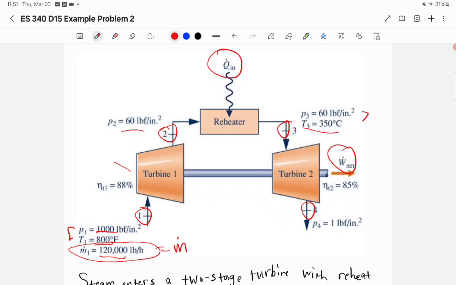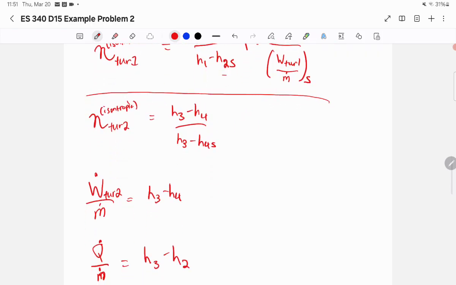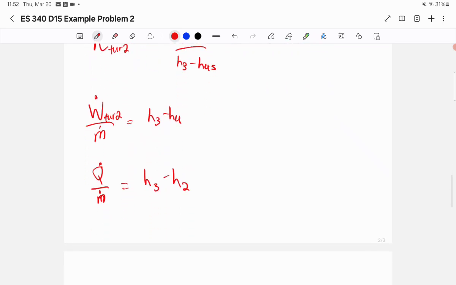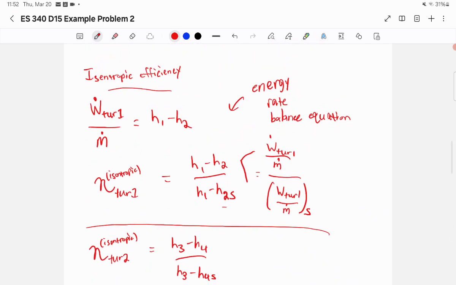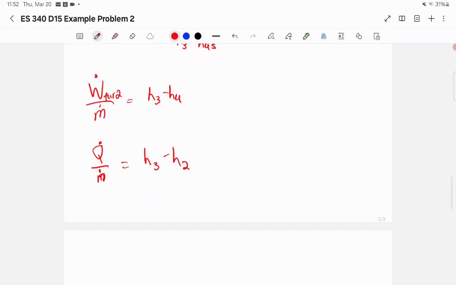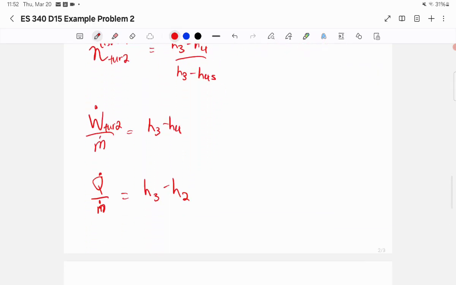That means we have enough to find H1 and we have enough to find H3, but we're really going to be looking for some way to find H2 and H4, okay? So let's write these in terms of things that we'll be able to find directly from the tables first, and then we can work backwards.